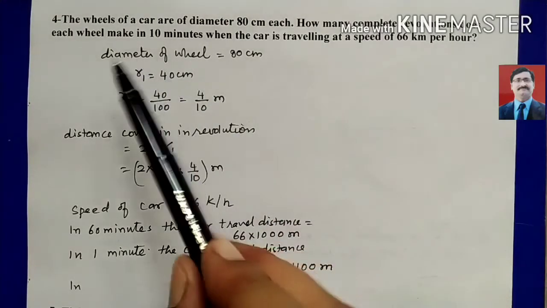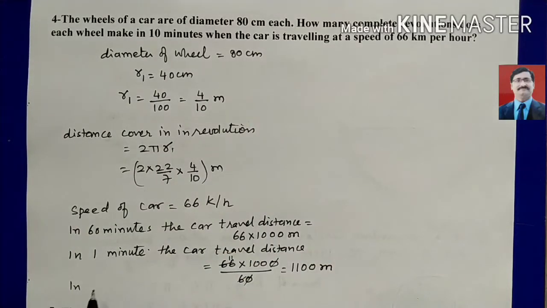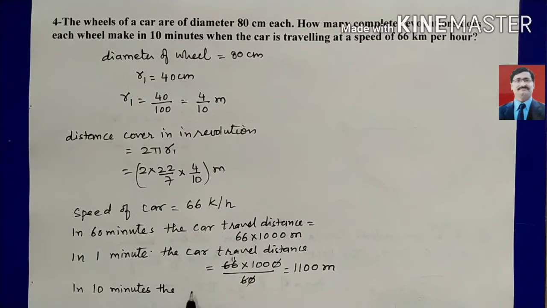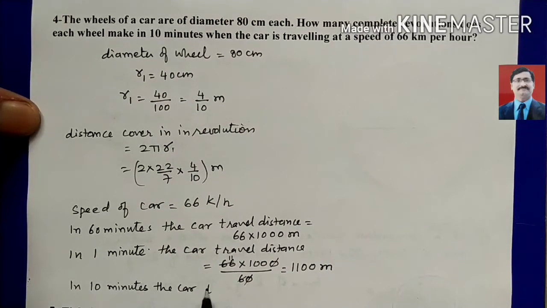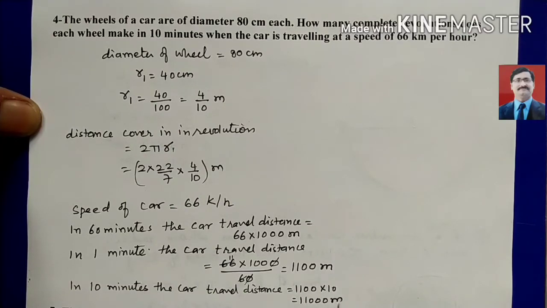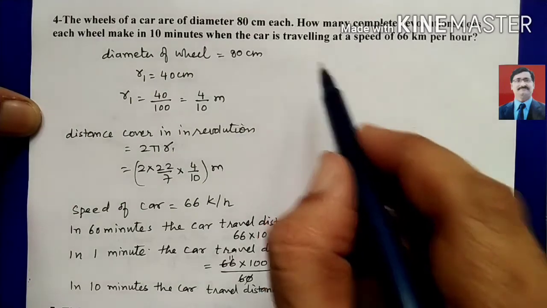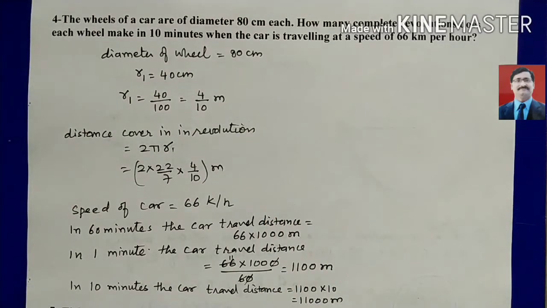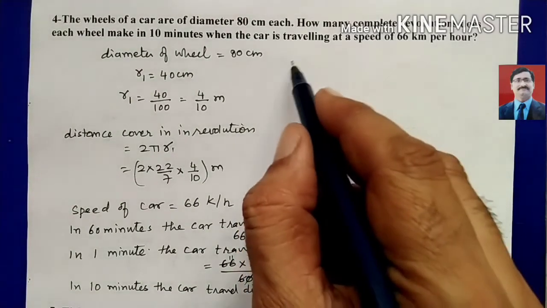Look here, in the question 10 minutes is given. So you can write, in 10 minutes the car travels a distance equal to 1100 into 10, which is 11,000 meter. Now look here, we have to find the number of revolutions.